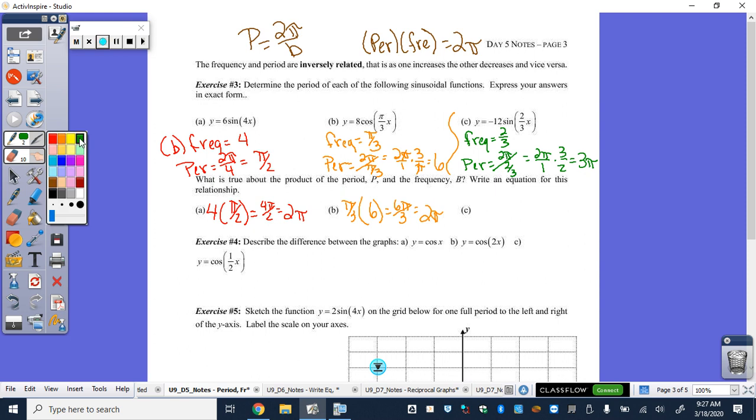Last one, 2/3 times 3 pi, 6 pi over 3, which is 2 pi. So no matter what frequency and period you have, when you multiply them together, you're always going to get 2 pi. So that is why it's an inverse relationship. As one goes up, the other one has to go down.